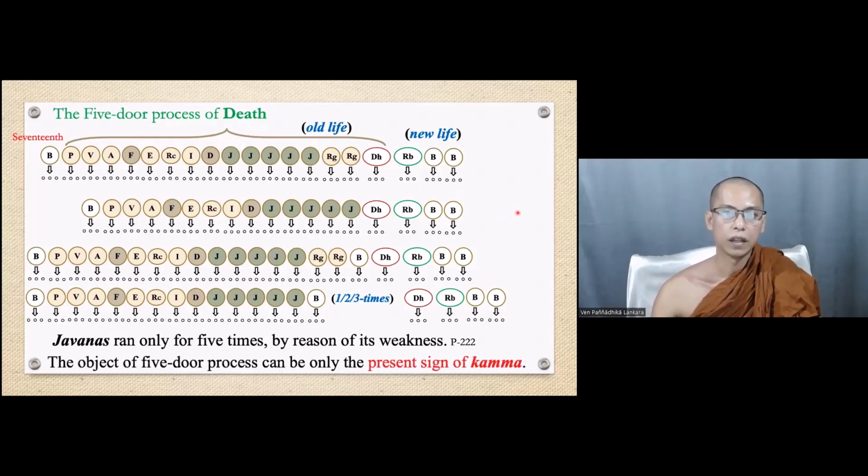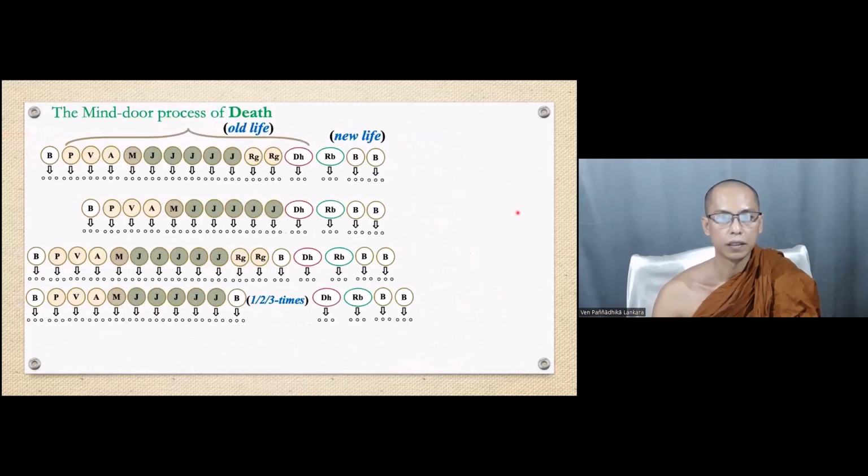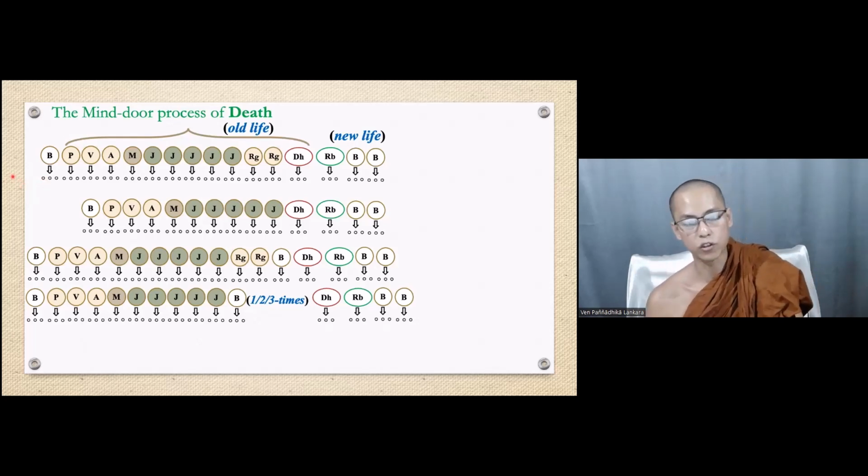So now let's see beings dying with the other mind or cognitive process here. We have to count back up to the 17th mind moment to understand which moment is the last to produce and which moment no more production.